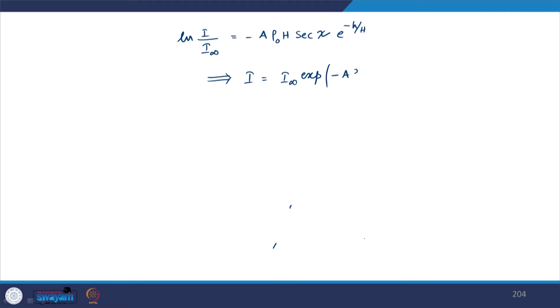Okay, so taking it further, we can write that ln of I by I infinity is equal to minus A rho naught H secant chi e to the power of minus h by H, or we can write I is equal to I infinity times exponential minus A rho naught capital H secant chi into exponential minus h by H.